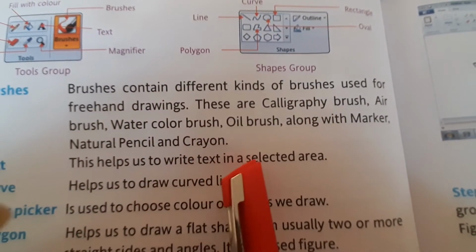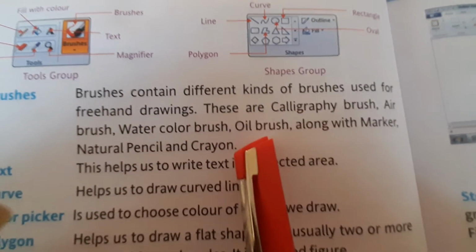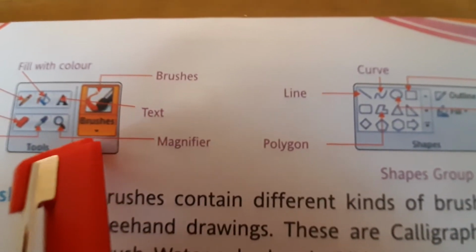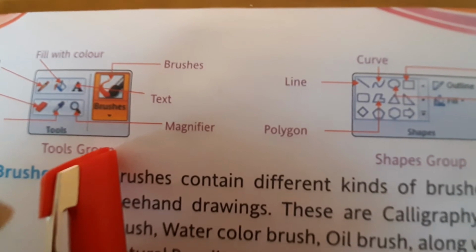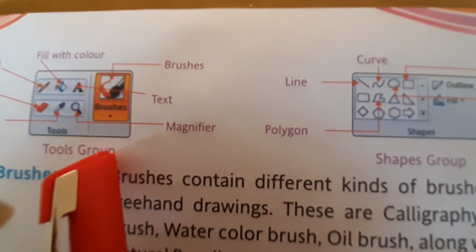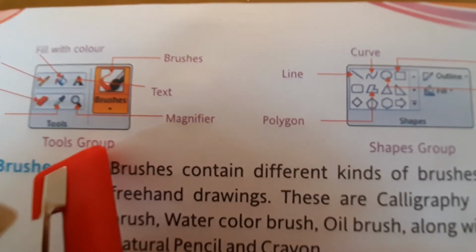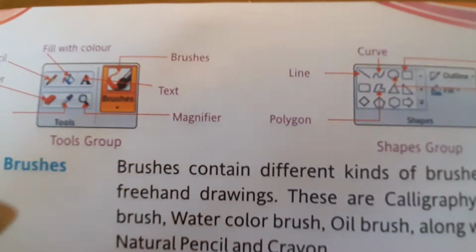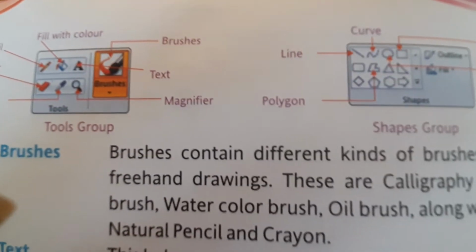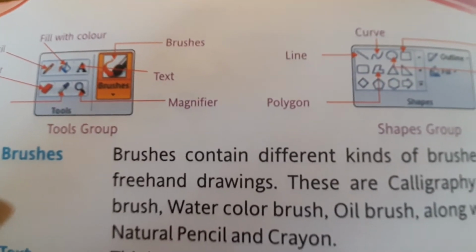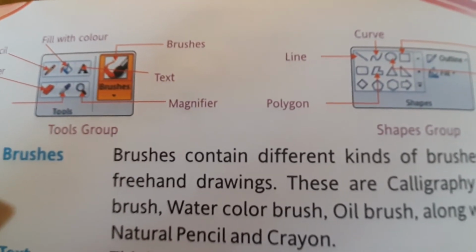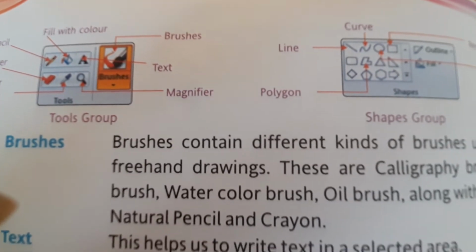When you click on the Brushes button, it will show you a drop down menu in which various kinds of brushes are there. You can choose them and try working with them on the screen, and then you will get to know which brush you are comfortable with.